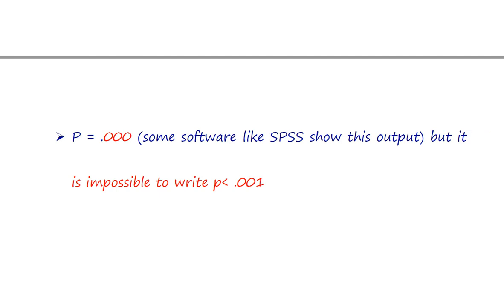It may be 0.0001 or any minimum quantity, but never equal to 0. So we write it as p less than .001. This is the accurate way to write the p-value.